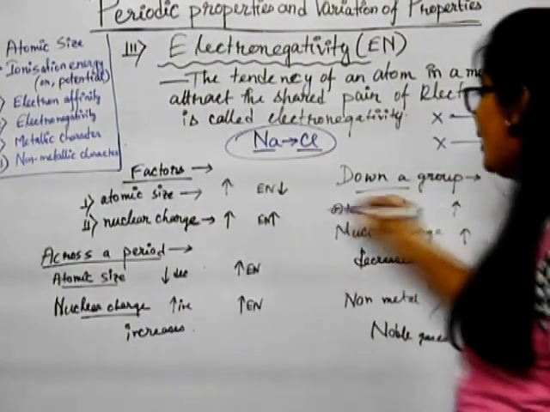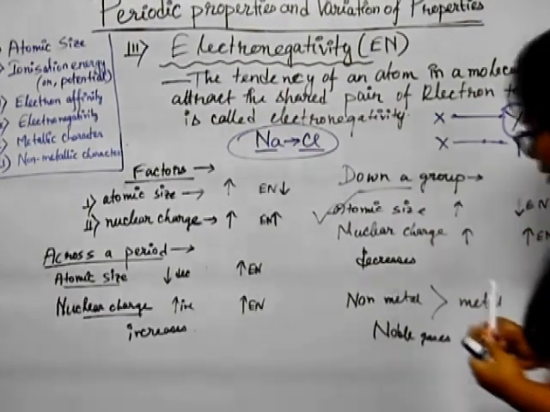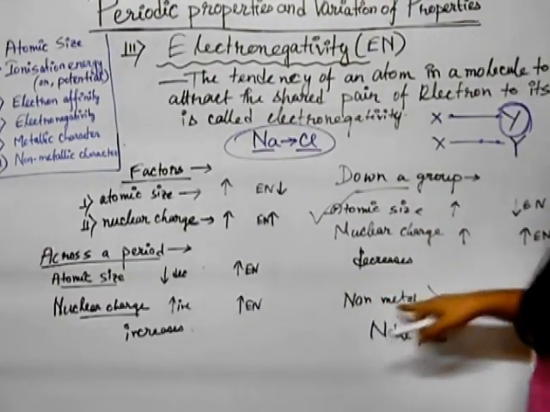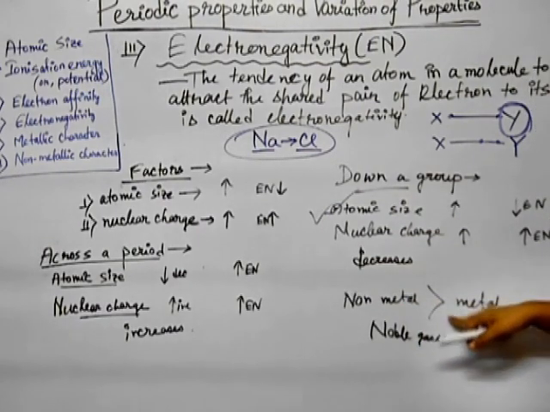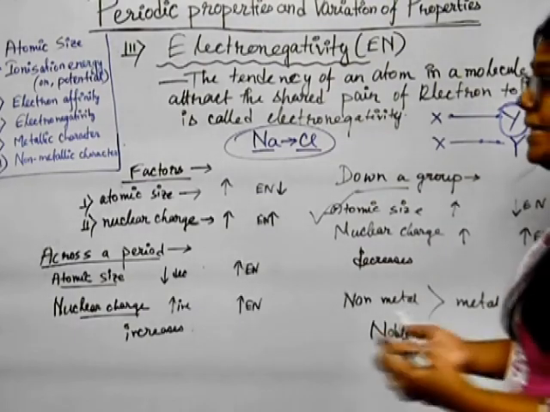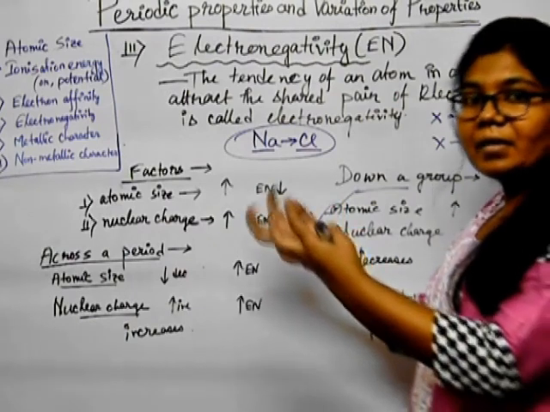Here also atomic size will dominate over nuclear charge. In the case of nonmetals and metals, nonmetals are more electronegative, because nonmetals can easily attract electrons. Extra electrons they can attract easily.